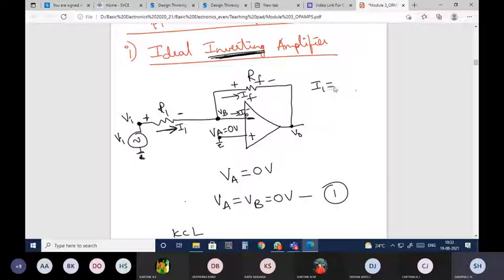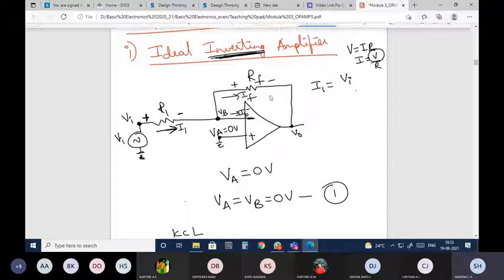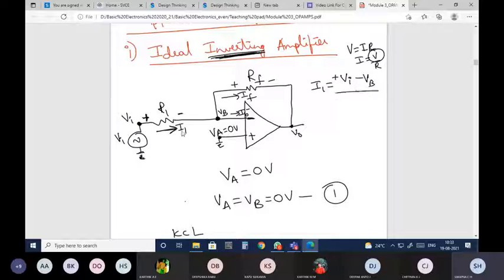Now what we need to do, we need equation for I1. You know that V is equal to IR, I is equal to V by R. And what is V with respect to the terminal voltage? This plus corresponds to this VI and this minus corresponds to VB. So I1 is nothing but VI minus VB divided by resistance there.